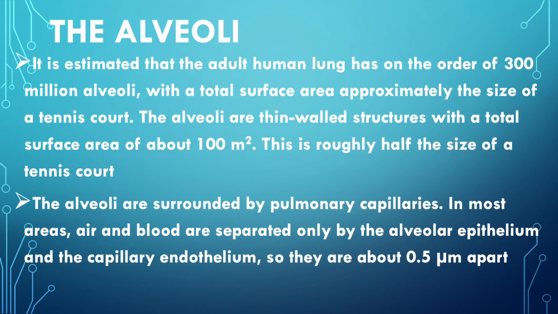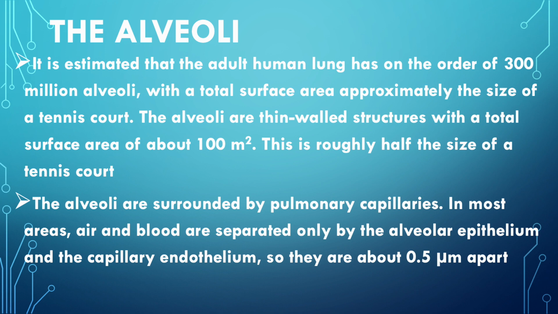And when we look at the alveoli, where oxygen is transferred or diffused from air to the blood, and carbon dioxide in the other direction, we find there is an estimated 300 million alveoli in the adult human lung. So each lung has 300 million alveoli.